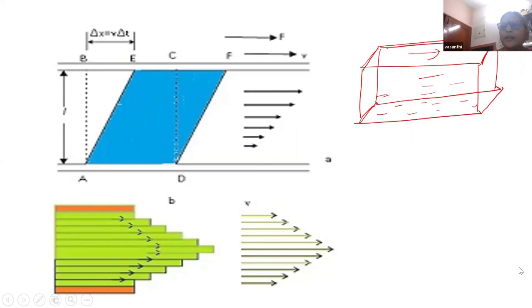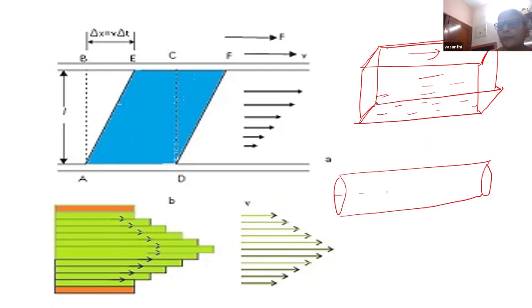If you consider water, or any fluid, flowing in a pipe, and this is the axis of the pipe, which layer do you think will have the maximum velocity? The layer at the center, or the layer in contact with the walls of the vessel?